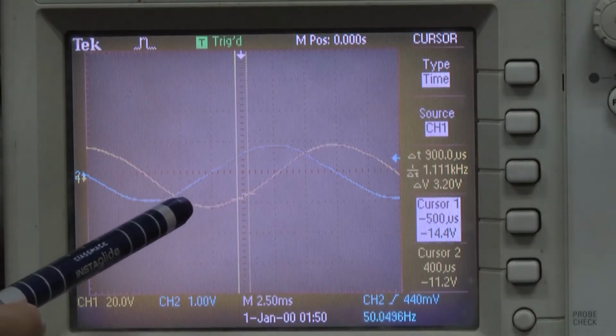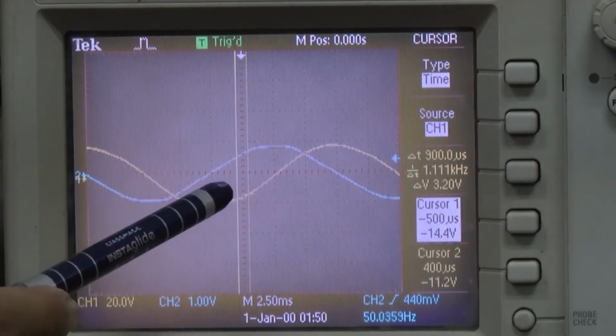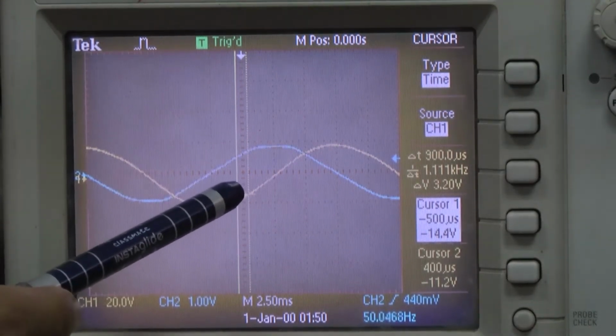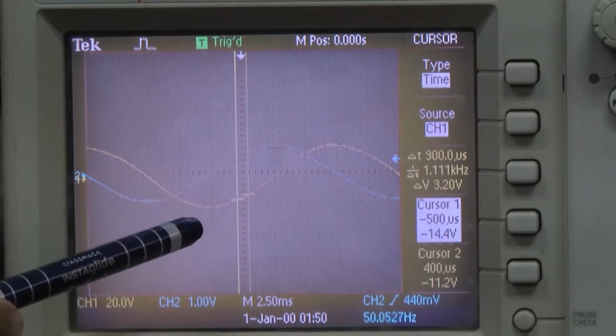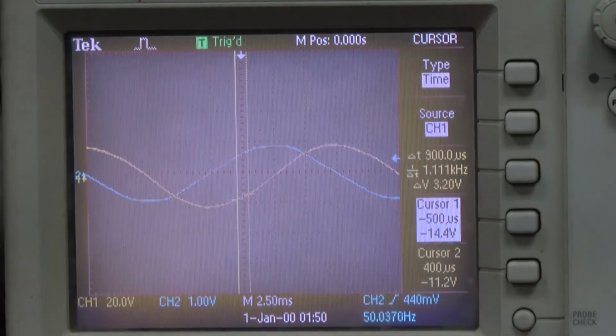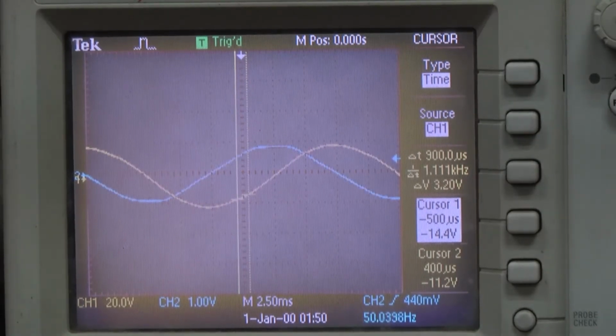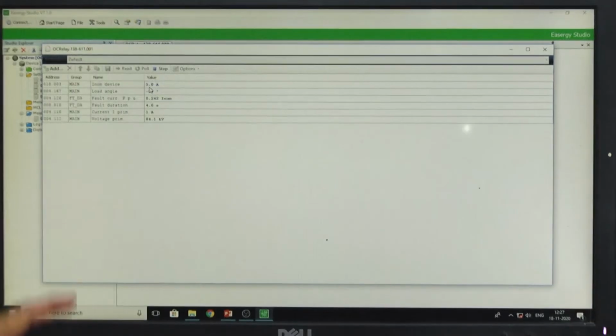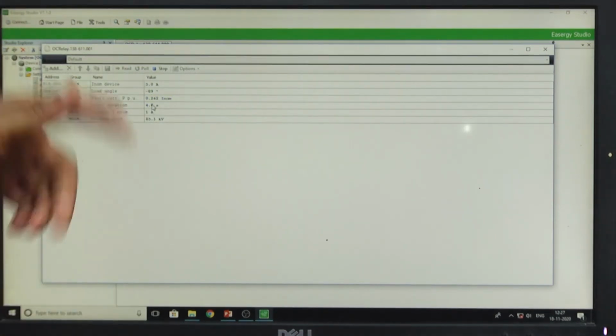So, each block gives us 45 degrees. If you see here clearly, it is very close to the 90 degree case. So, this shows that the angle between voltage and current is 89 degrees as shown here. That means our angle is in agreement with the voltage and current angle given as input to the oscilloscope and to the relay, both voltage and current of phase A.